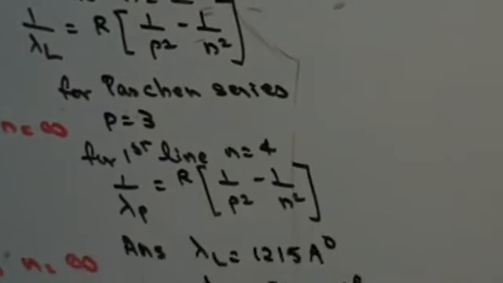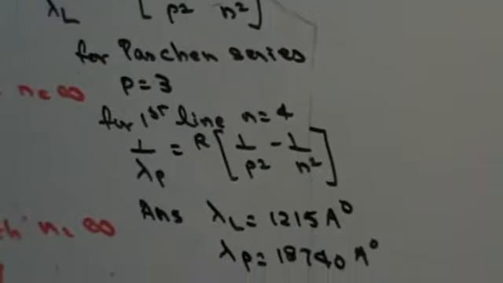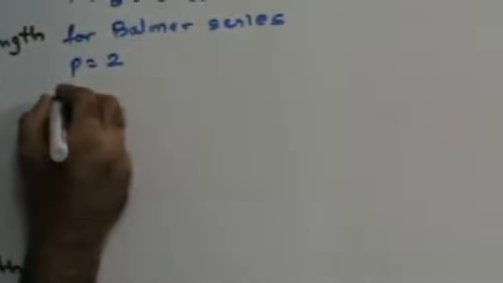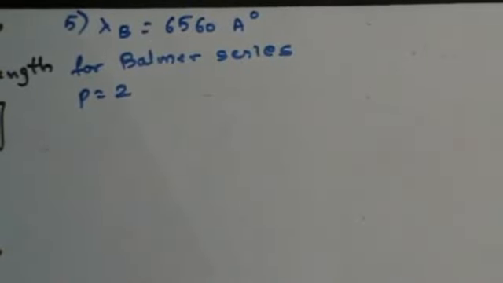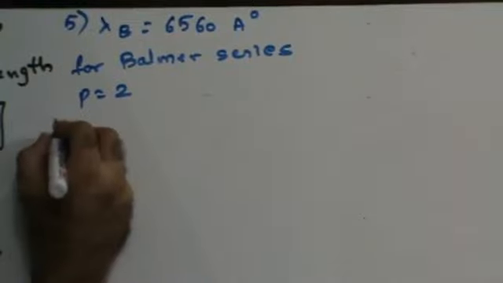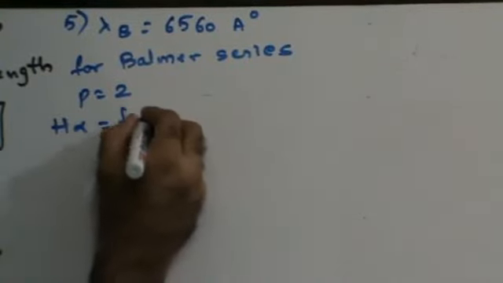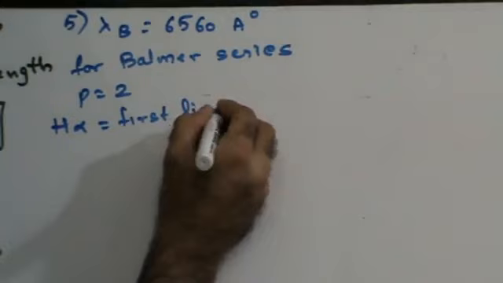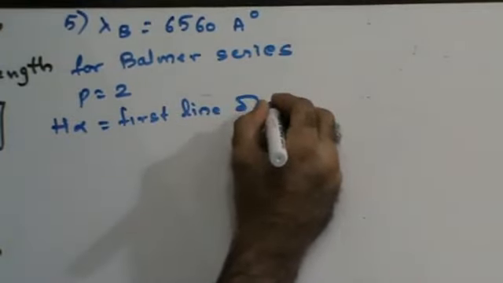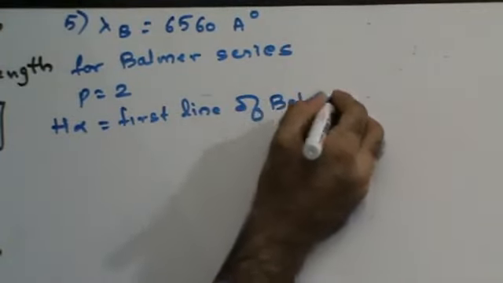Now, for Balmer series, I can say that p is going to be equal to 2. Now they said H alpha. What do you mean by H alpha? H alpha means the first line of Balmer series.